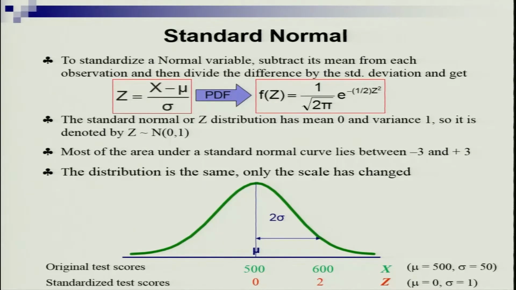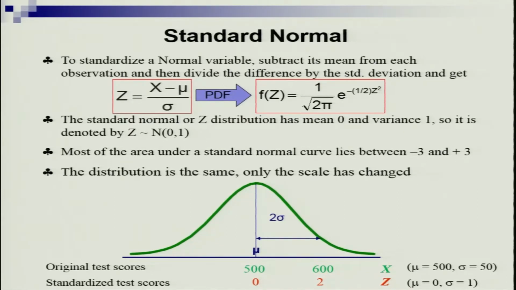Now, the standard normal or the Z distribution has a mean of 0 and variance of 1. So, it is basically denoted as Z follows a normal distribution with mean 0 and variance 1. So, we can apply the same Chebyshev type result on the standard normal distribution as well, and if we apply, then we get this interesting result that most of the area under the standard normal curve lies between -3 and +3.